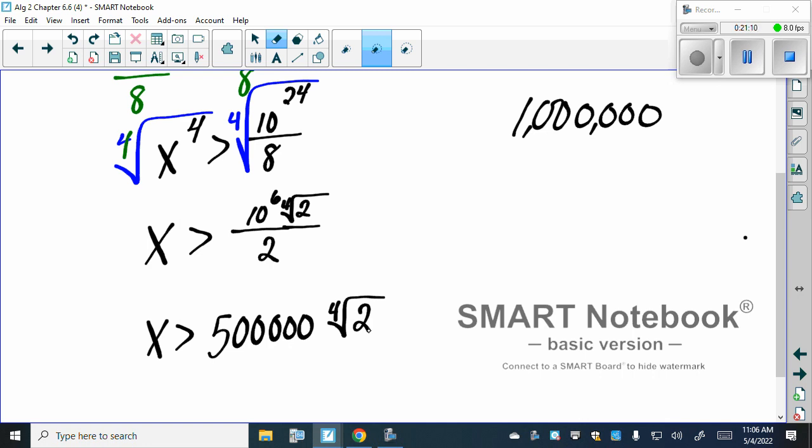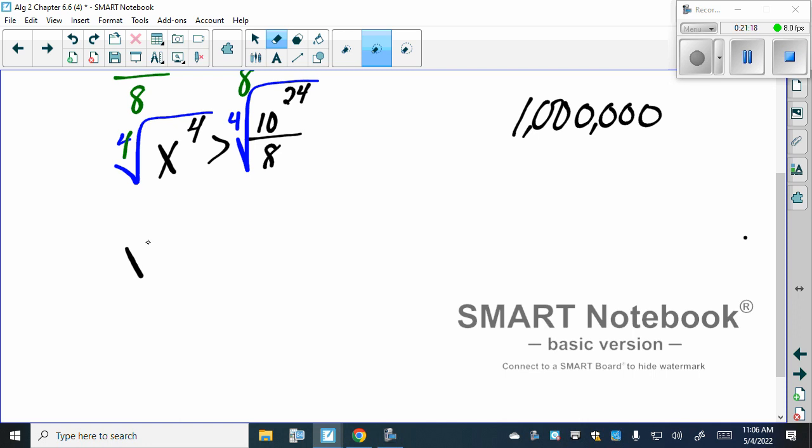I know I jumped around there. Let me back up. So we're taking the 4th root of 8, yes? Well, 8 I can rewrite as 2 to a power, because 2 to what power is 8? To the 3rd.